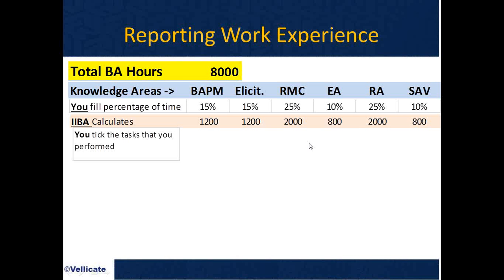The next thing you will be required to do: each knowledge area will have a list of tasks, and you will have to tick those tasks that you have performed, which account for, for example, 1,200 hours in BAPM.